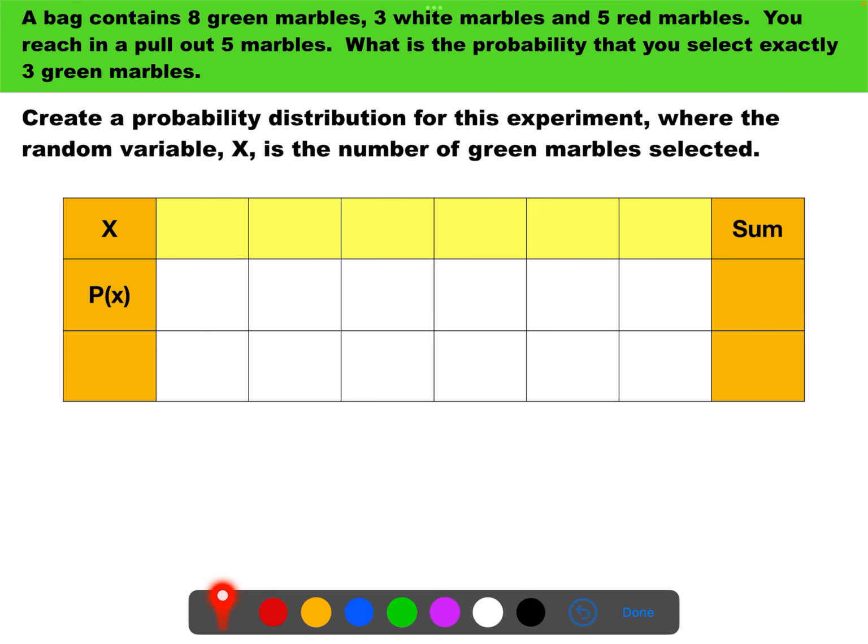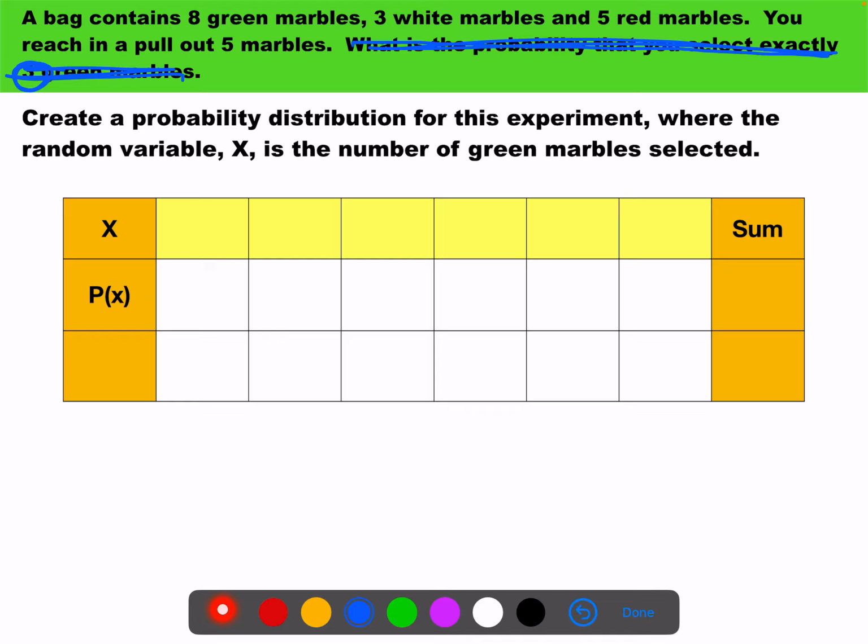All right, so this says create a probability distribution for this experiment where the random variable X is the number of green marbles selected. So we have to think, what are the possible numbers of green marbles selected? Well, we know we can select 3 because that was what the original question asked for. Now it's asking for a full probability distribution. So can I select less than that?